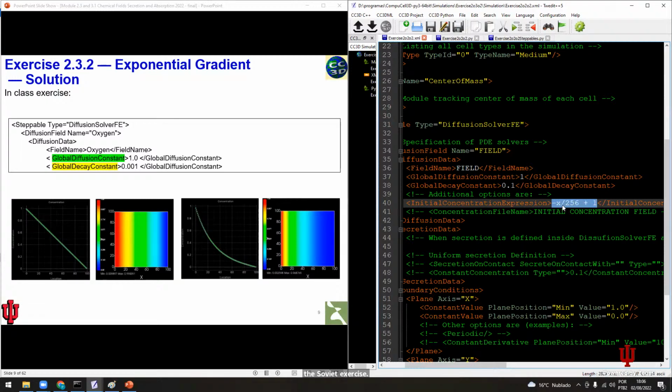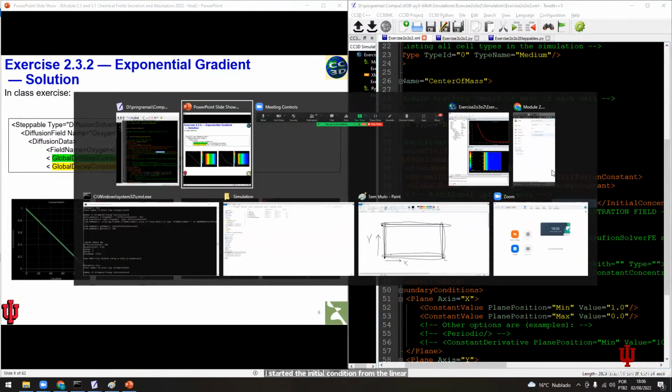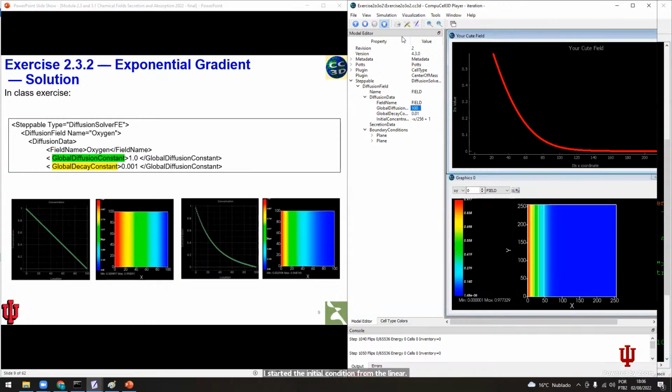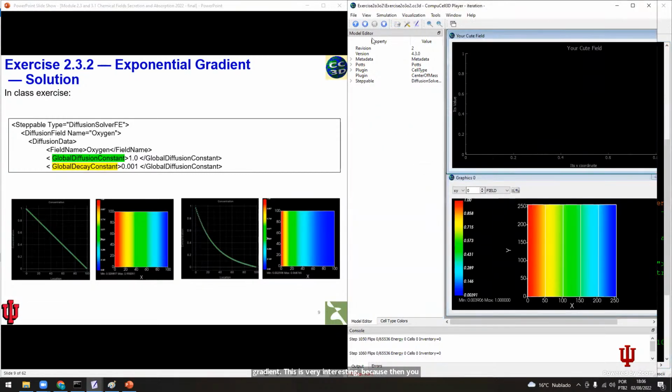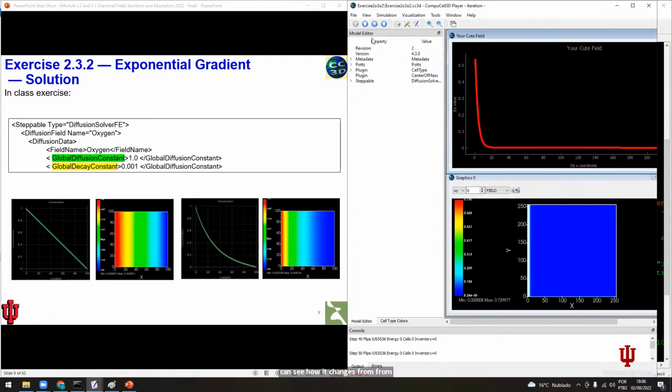This is very interesting because then you can see how it changes from the linear gradient to the exponential, okay? And if I set the decay to 0, I should get the linear back, right?